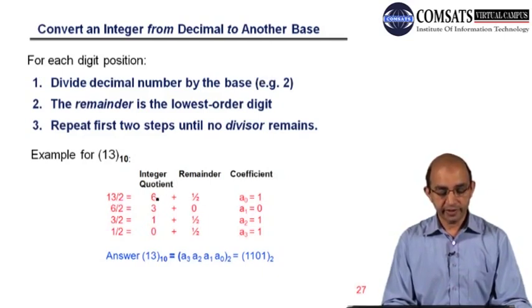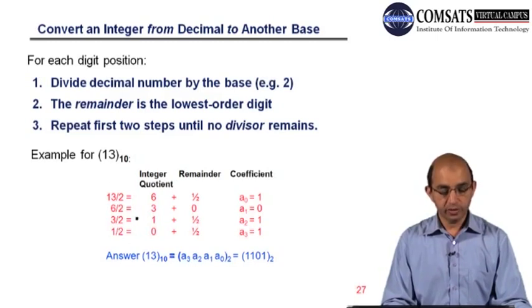Here we have 6 and this remainder. 6 will go here and we will again divide. This is the quotient and this is the remainder. Again 3 will move here, quotient and remainder, and 1 will move here. We keep going on till the number is non-divisible.